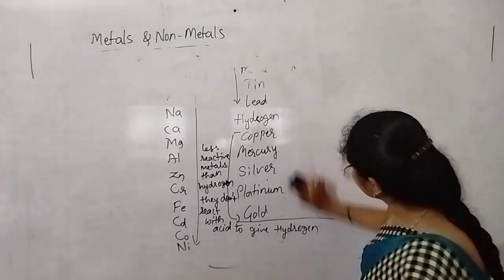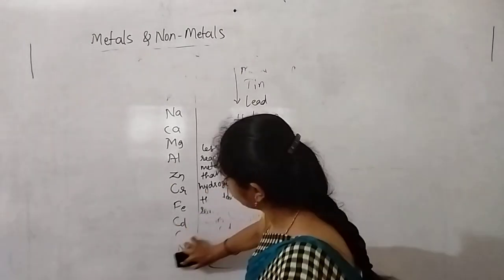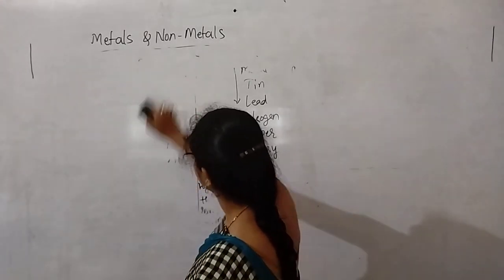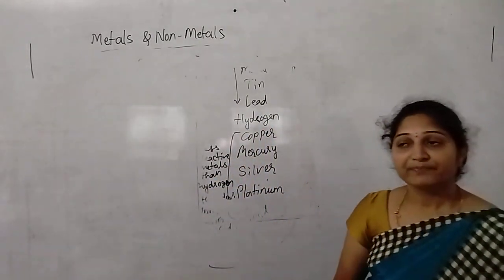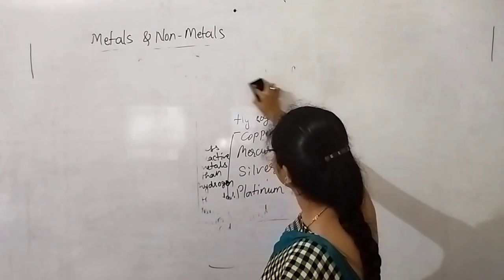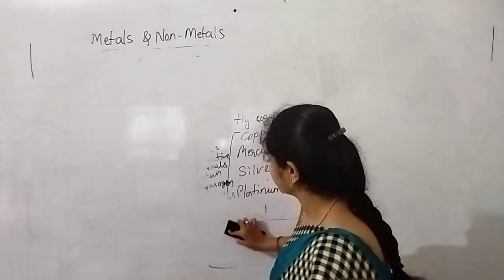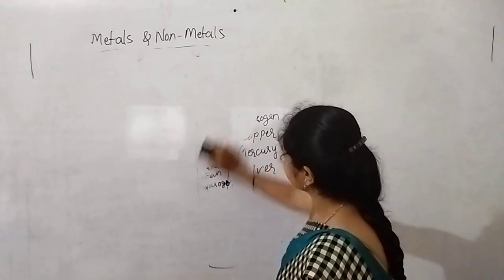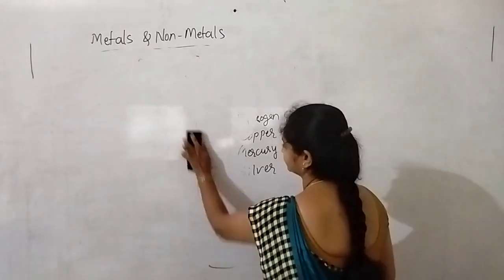Because of that reason, non-metals are highly electronegative. They gain electrons to complete their electronic configuration, which is near to the noble gas.